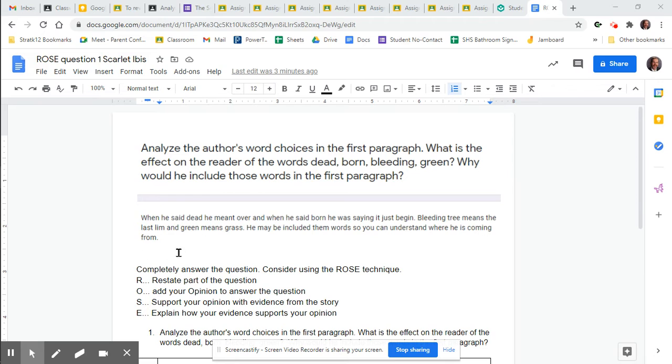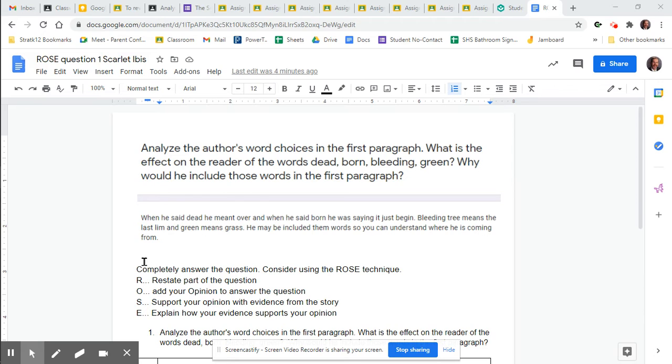So I would skip by some of the mistakes in grammar, and I would just be looking for what the meaning is. And so this person noticed that there were some words and noticed that they might mean things, and noticed that they might have included the word so you can understand what the author is saying, where he's coming from.